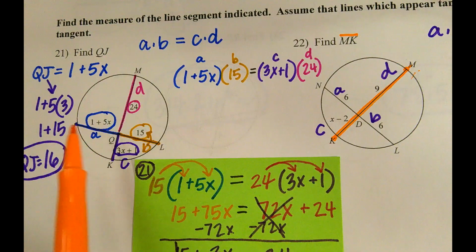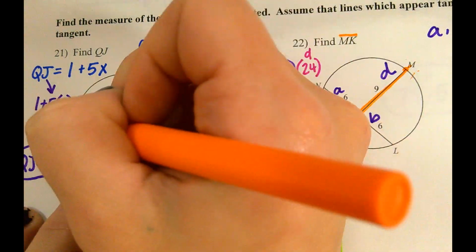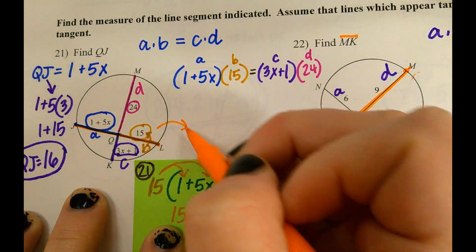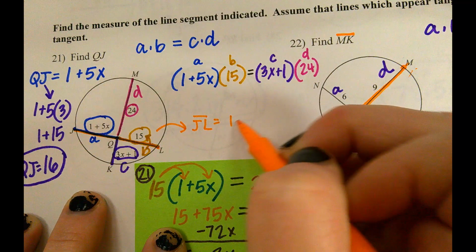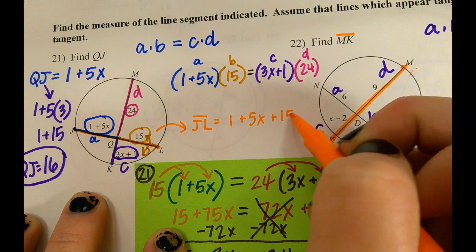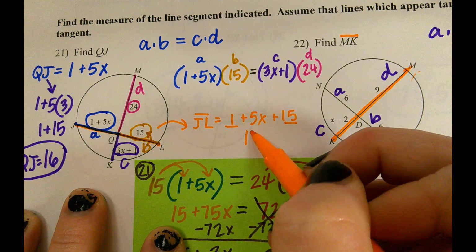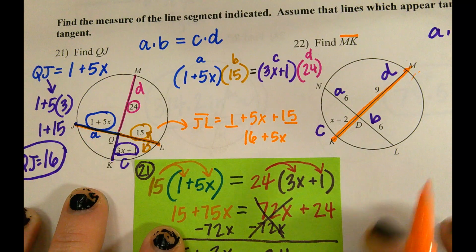But for example, if I needed J to L, this whole length, I would have to add the 15 on as well. So JL would be 1 plus 5x plus 15. And then we just combine our like terms. We get 16 plus 5x for JL.